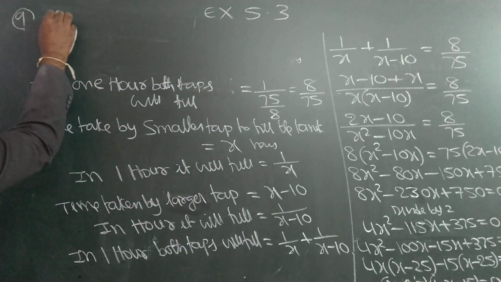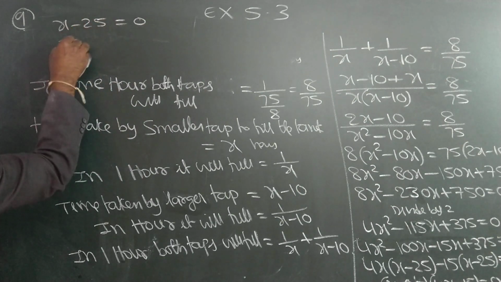So this is x minus 25 is equal to 0, x is equal to 25.